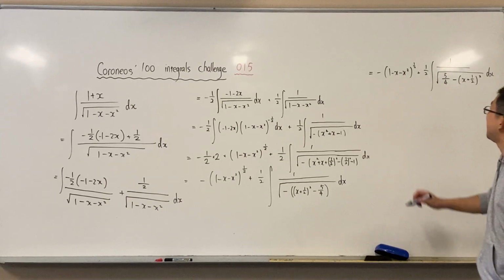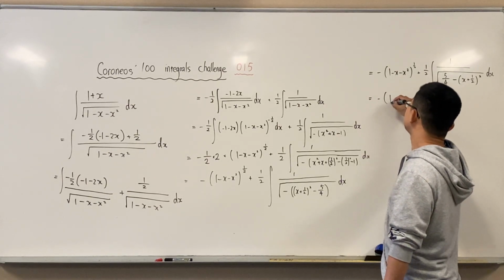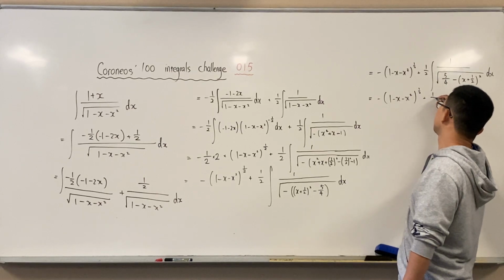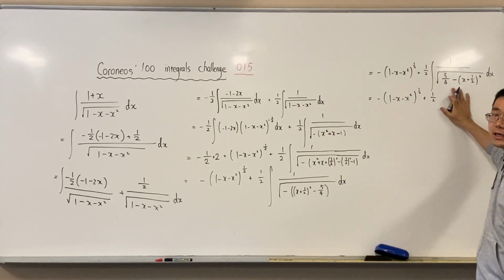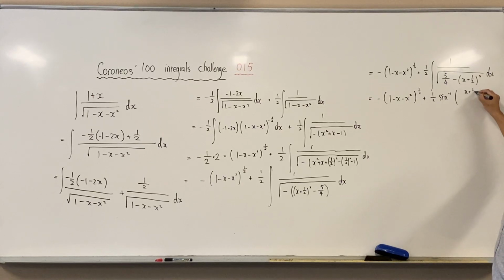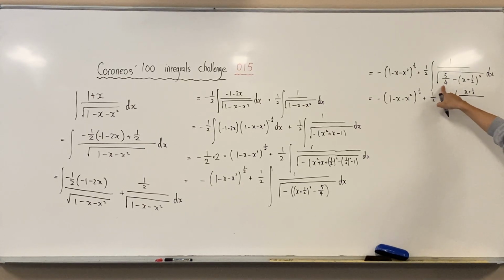Okay? Alright. Now we can integrate this one. Hopefully you remember the formula. That's the inverse sine. So inverse sine of x plus half over, what's the square root of that number here? That would be square root of 5 over 2, plus c.